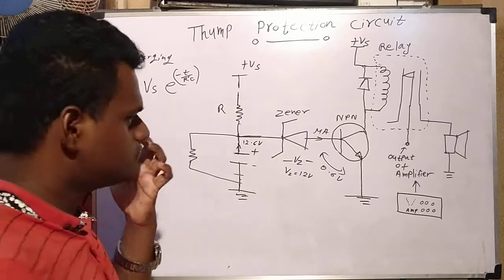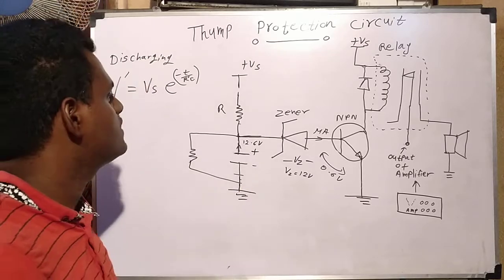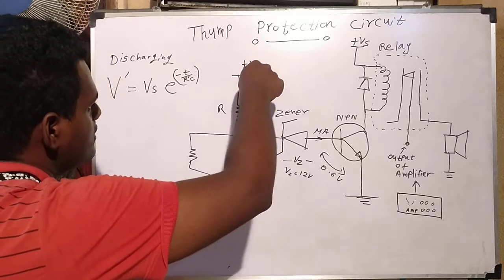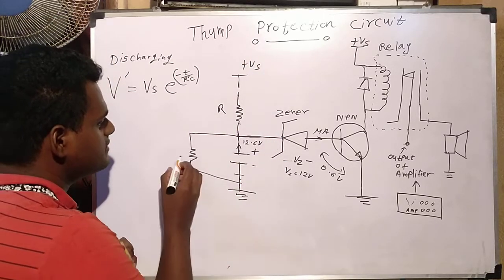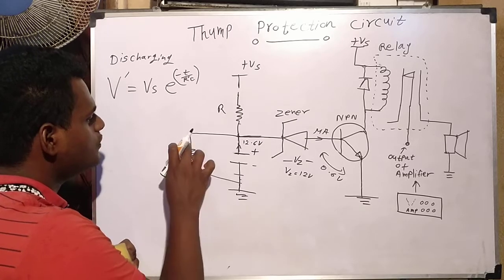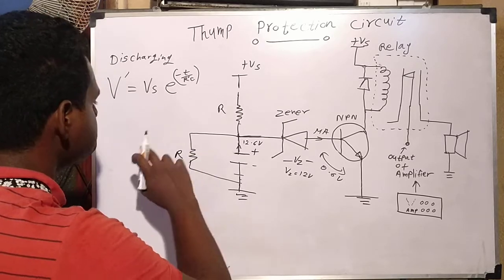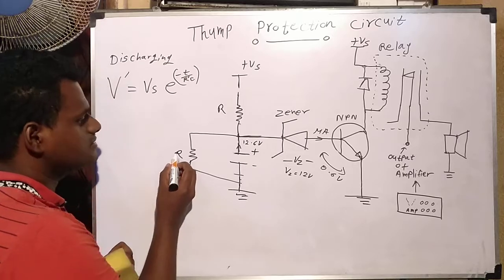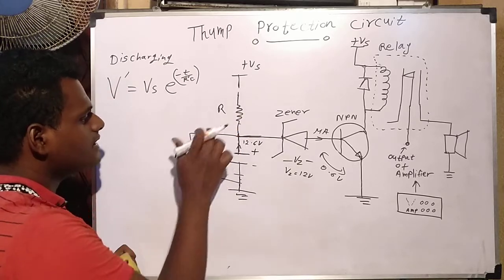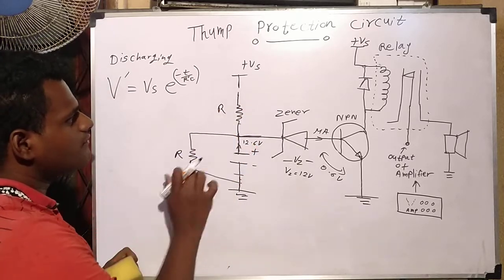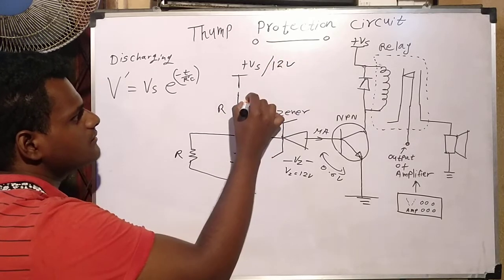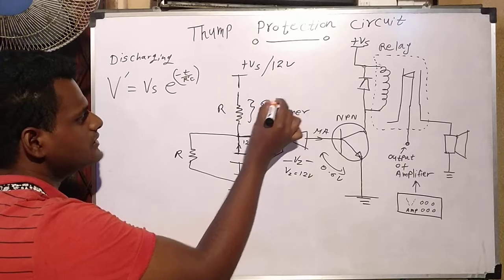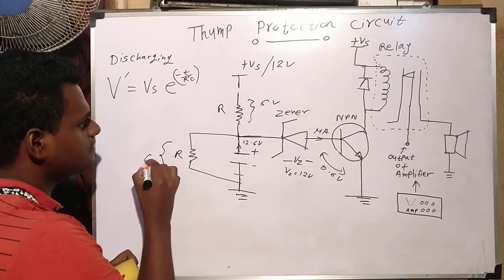But there I have another issue. What is that? If I take something like this, R also equal to R. If we take this R equal to this R, then what happens? If I provide 12 volts in here, this resistor may get 6 volts, and this resistor may get 6 volts.